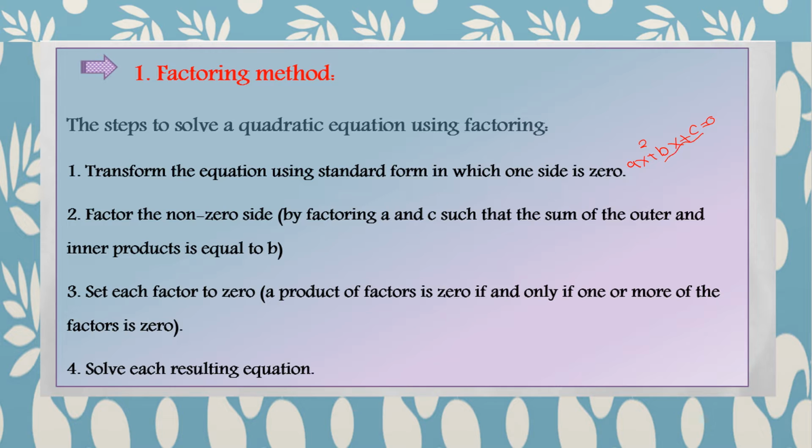So this is the non-zero side. Step number 2 is to factor the non-zero side by factoring a and c, which are the outers, such that the sum of the outer and the inner products is equal to b.